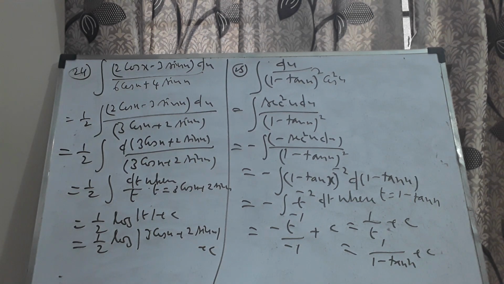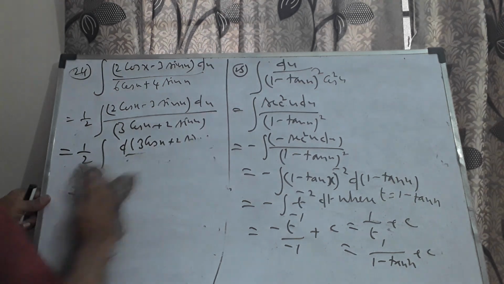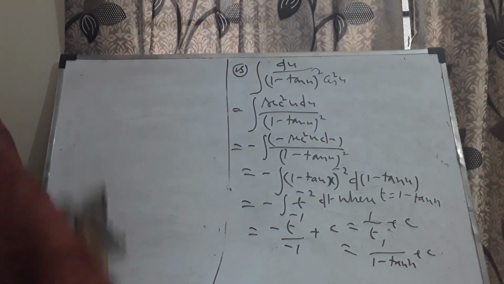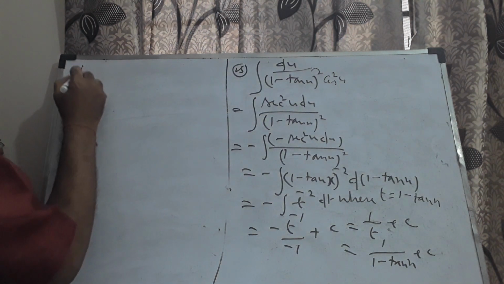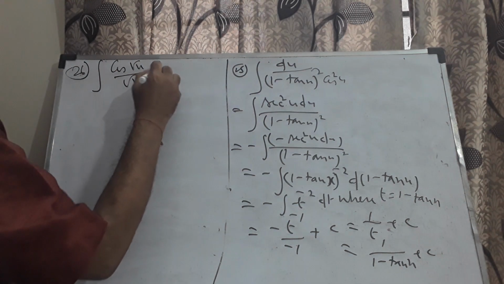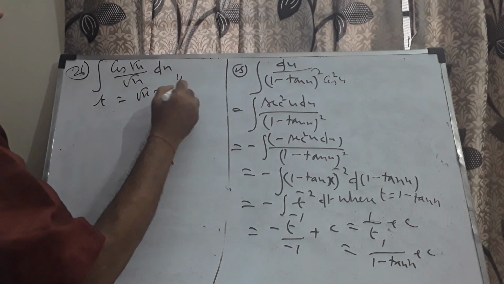Okay, let me try to do one more problem also, because it's only 10 minutes here. I'll try to accommodate one more problem. The 26th problem goes like this. Integral cos root x by root x dx. Just apply t is equal to root x, which is x power half.